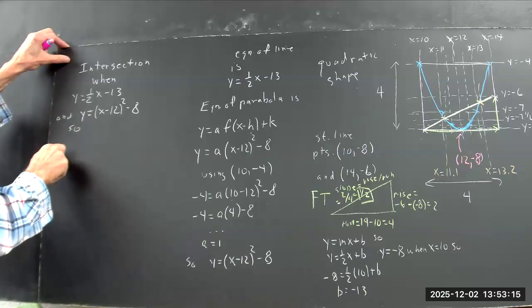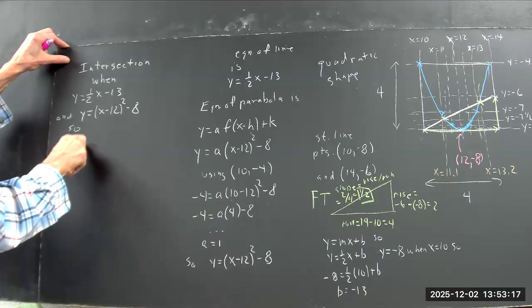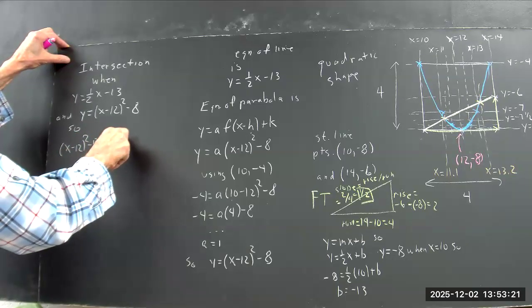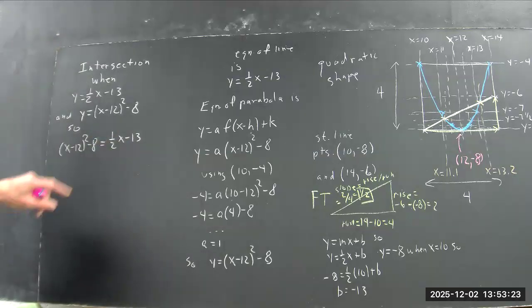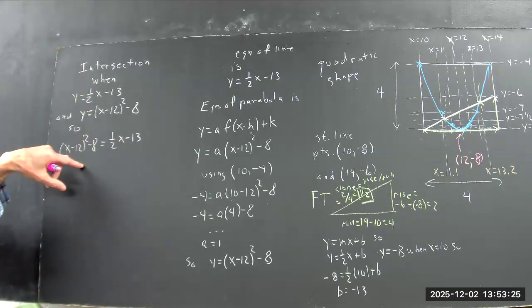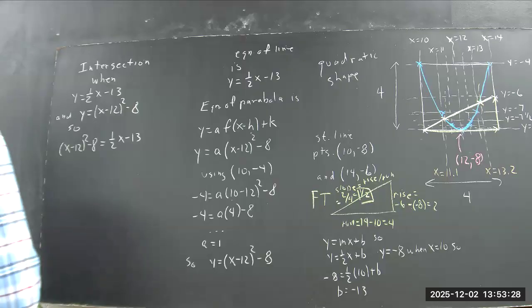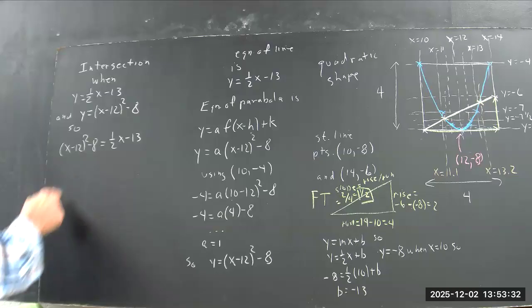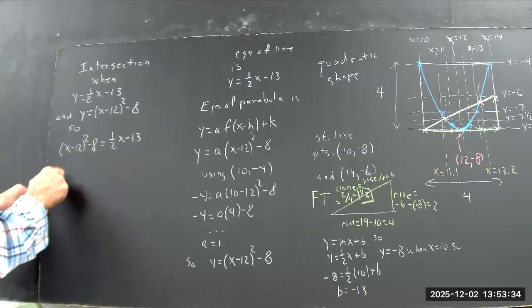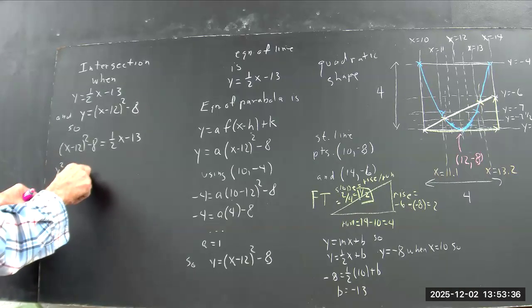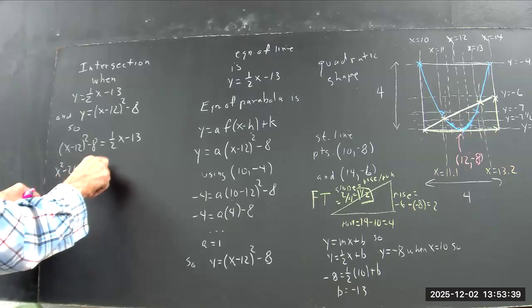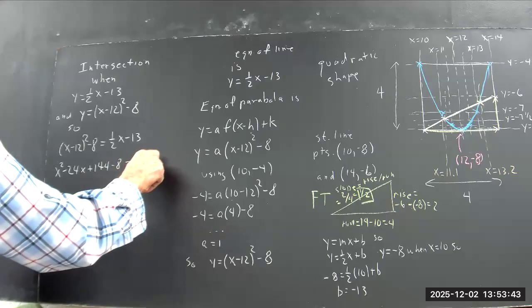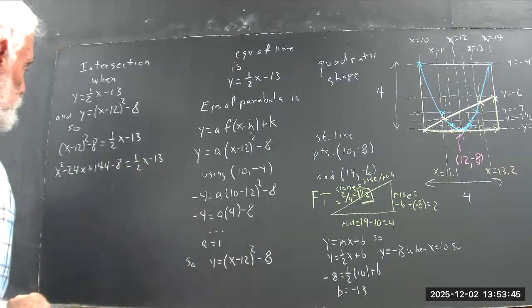So we set these two quantities equal and solve for x. Expanding (x minus 12) squared, we get x squared minus 24x plus 144 minus 8. That's equal to 1/2 x minus 13.